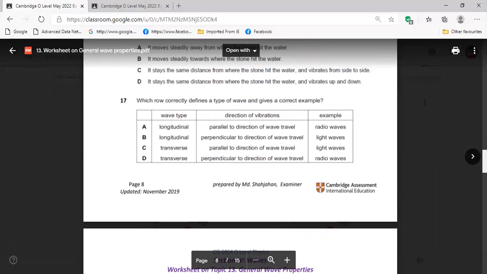Monica, continue 17. Which row correctly defines a type of wave and gives a correct example? Longitudinal.